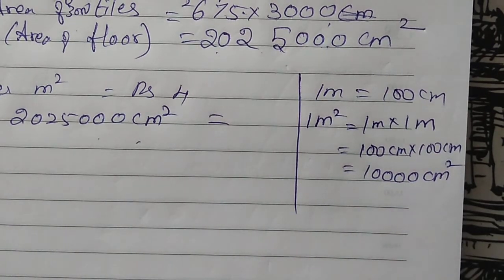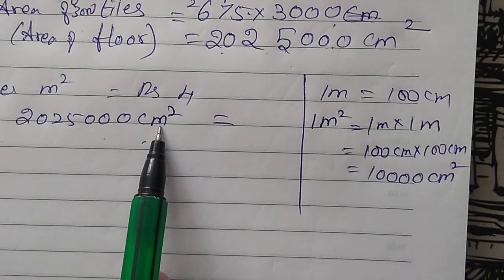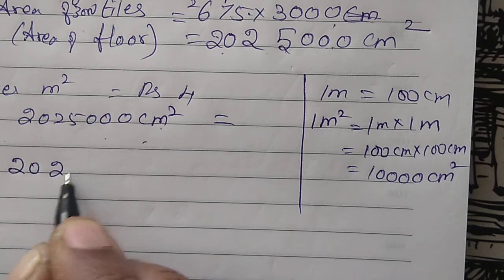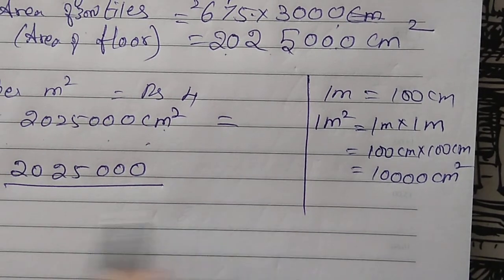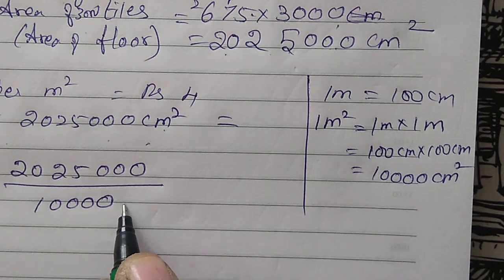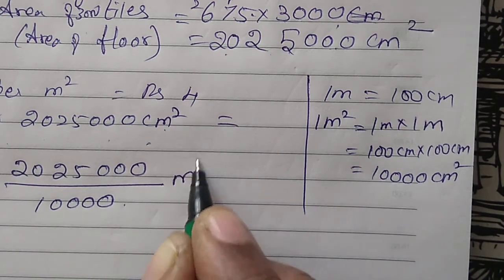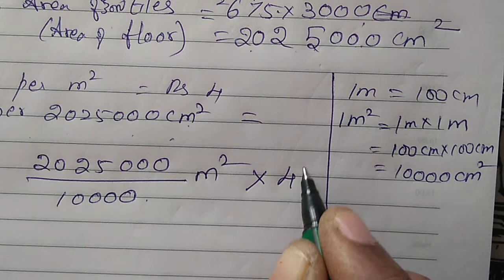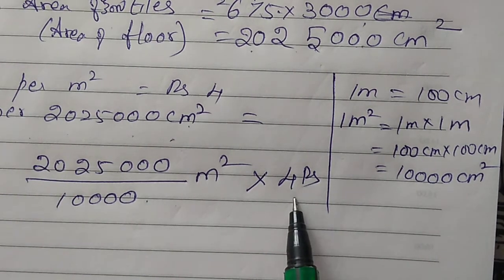So the cost, this much we have found, we will convert it into meter squared: 2025000 divided by 1 followed by 4 zeros, multiplied by 4 rupees, because 4 rupees is given per meter squared. Now 3 zeros get cancelled.